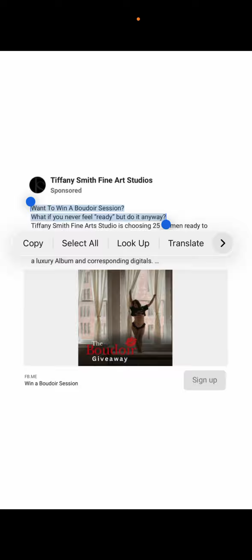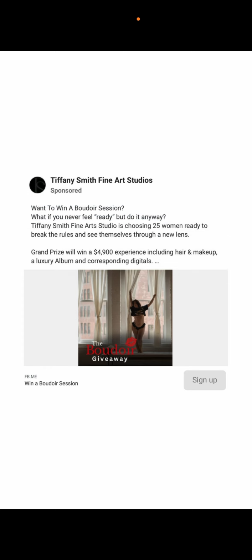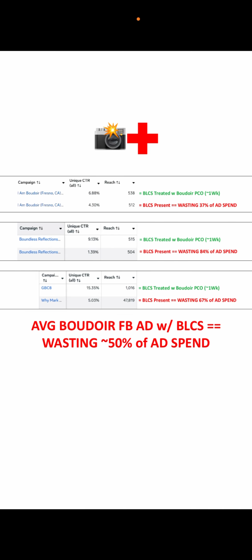Kind of on average here. So 60 grand being wasted per year. So after looking at this, I believe the unique CTR of this Boudoir Facebook ad is under 6%, which means I believe this Boudoir Facebook ad does have Boudoir low click syndrome. But easy fix with Boudoir Pico, takes about a week.